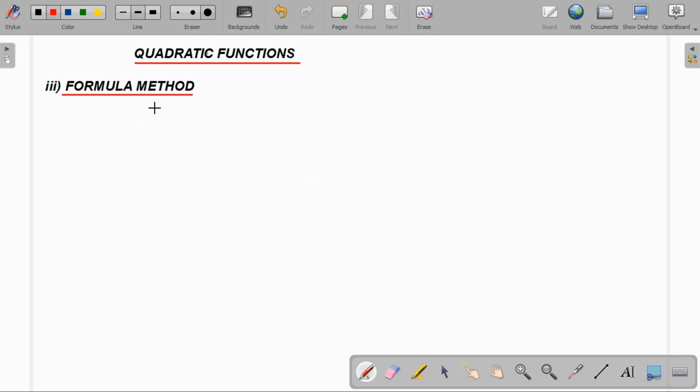In this formula method, you have to understand that an equation is in the form ax squared, plus or minus bx, plus c is equal to 0, where a shouldn't be equal to 0.